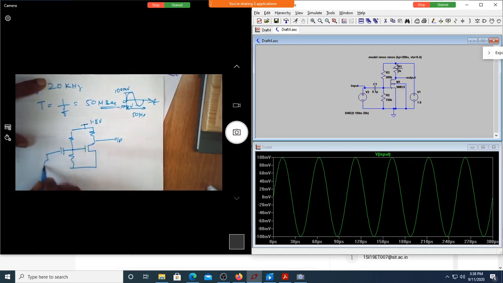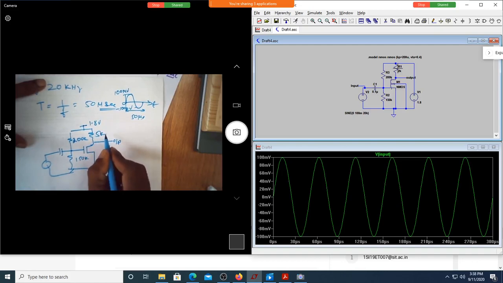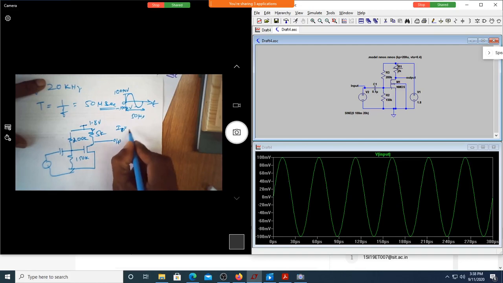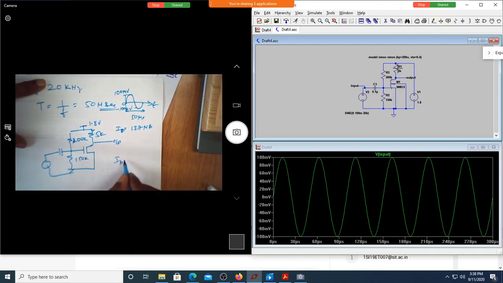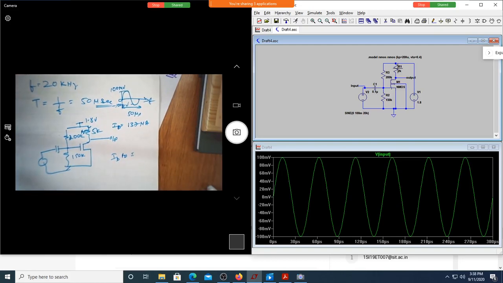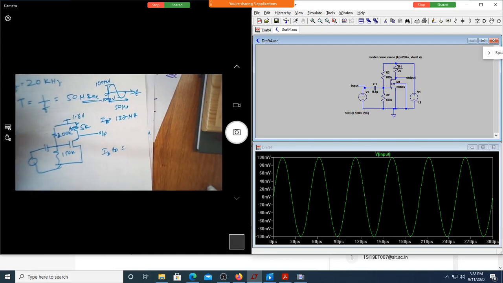This is 200k, this is 150k, and this is 5k. ID is 137 microampere, let us forget the 0.6. How much is ID into RD, that is, ID into 5k? 685 millivolt.